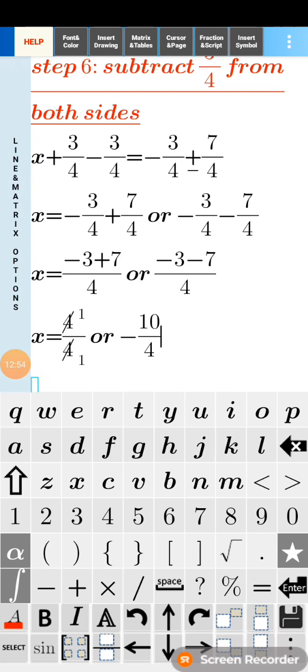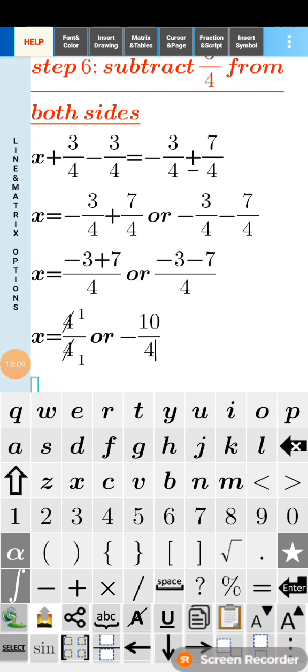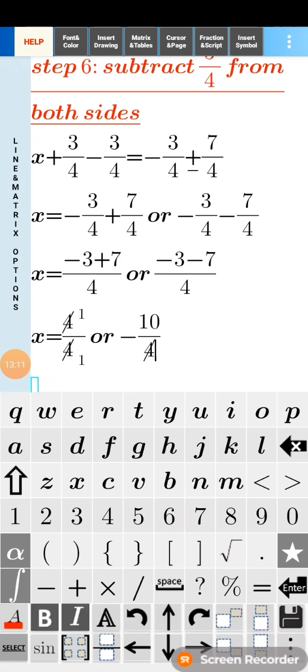The next fraction, I have it, 4 cannot divide 10 at once, so I'll take a number that can divide 10 and also divide 4, and that number is 2. So I'll divide 4 by 2, and 4 divided by 2 will give me 2. And I'll go over to the numerator.